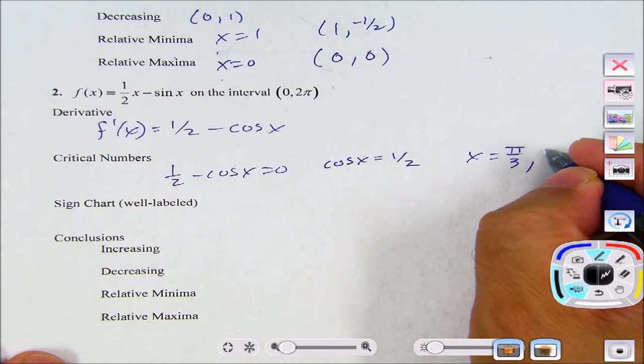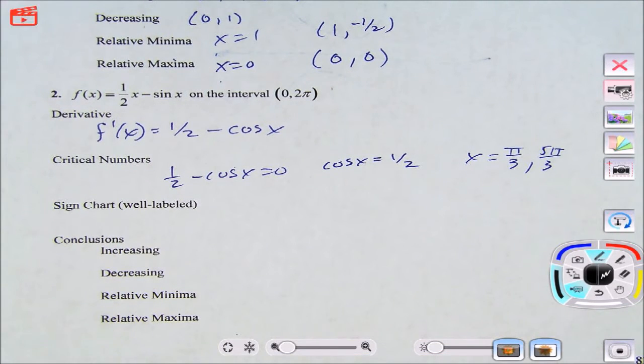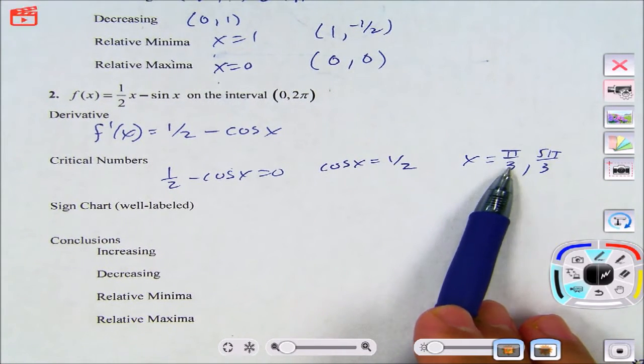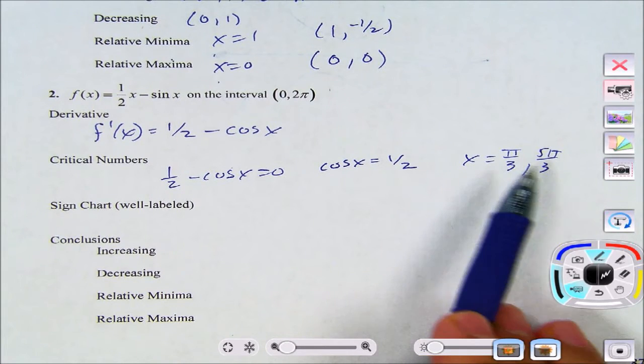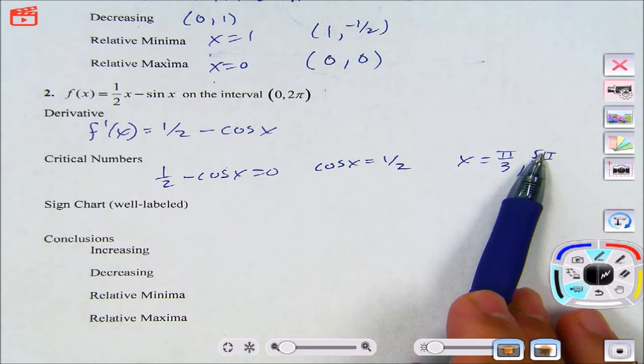Okay, 5 pi over 3. So you had the pi over 3. You know it's in the fourth quadrant, right? Just subtract that from 2 pi. 2 pi is 6 pi over 3, so 6 minus 1 would be 5.